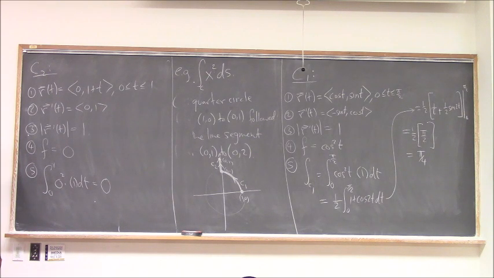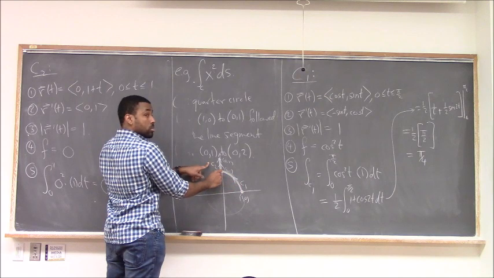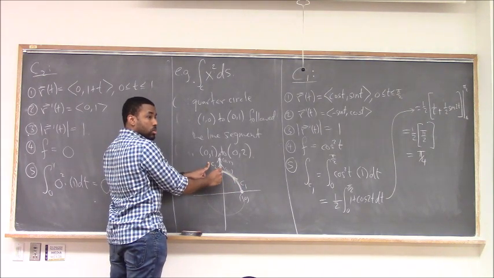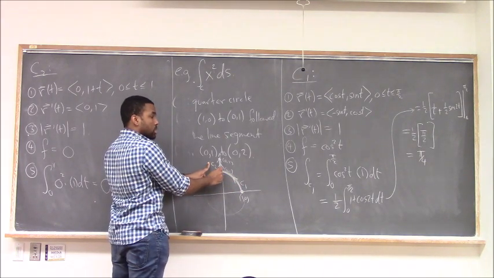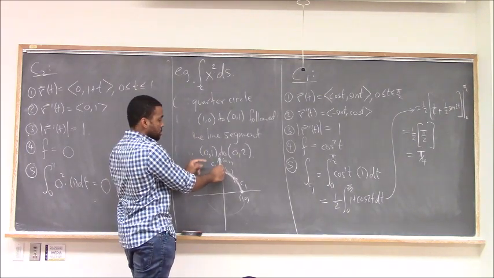Professor, why is the parametrization here cosine t, sine t, and there it's 0, 1 plus t? I don't get it. There are two pieces. One part is a circle. We know how to parameterize circles: r cosine t, r sine t, where r is the radius. If there's a center, you add something to that.